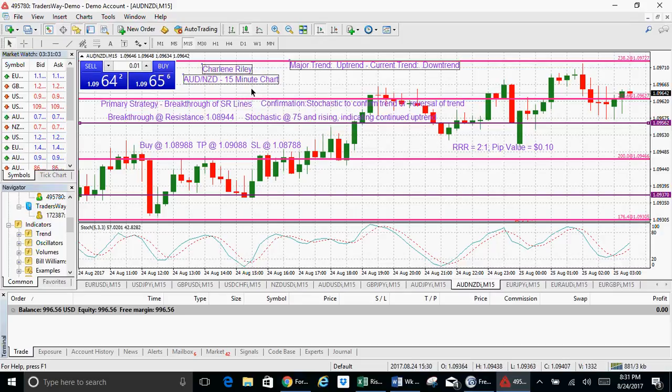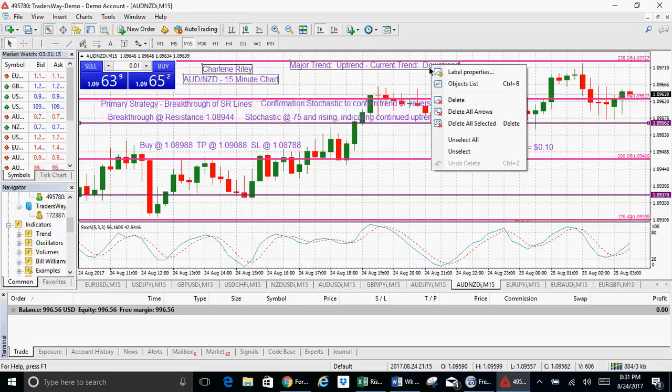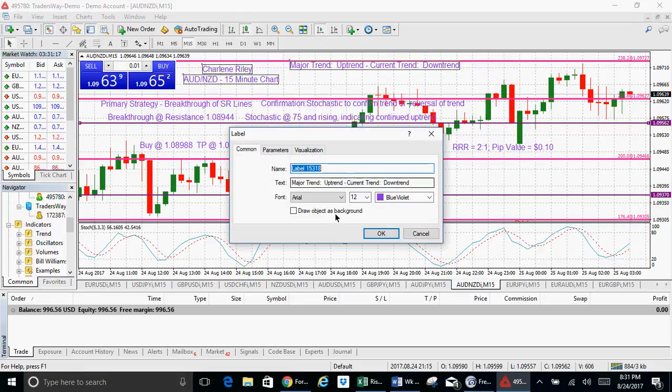So on the Australian New Zealand 15-minute chart, I have the major trend as an uptrend, and now it looks like the current trend is now an uptrend.